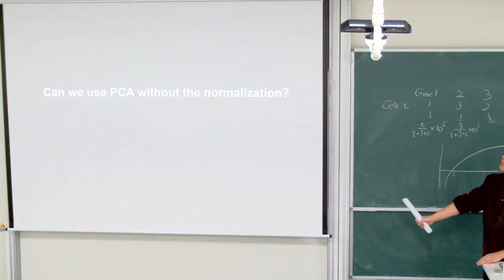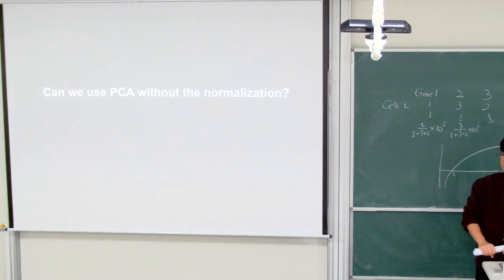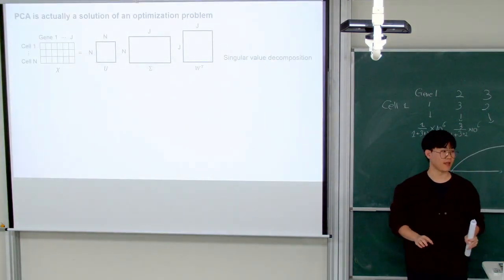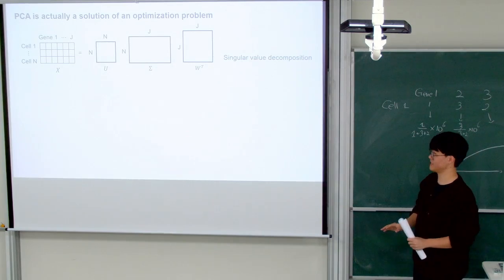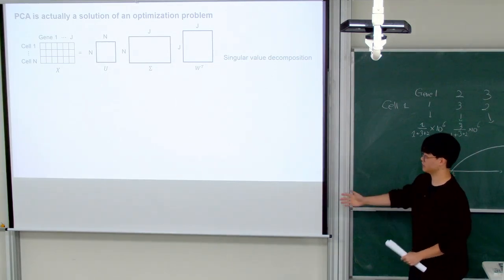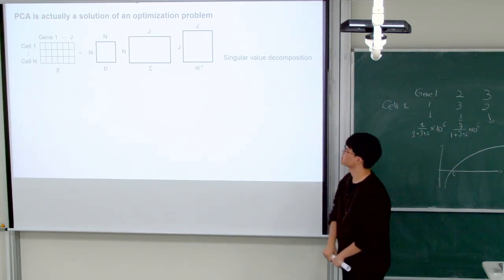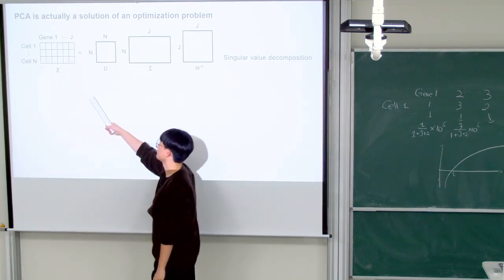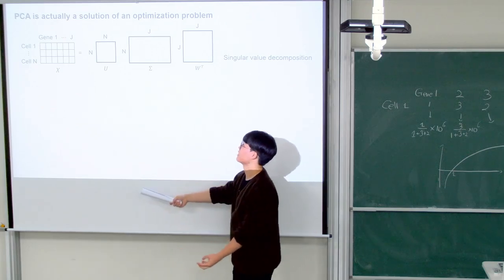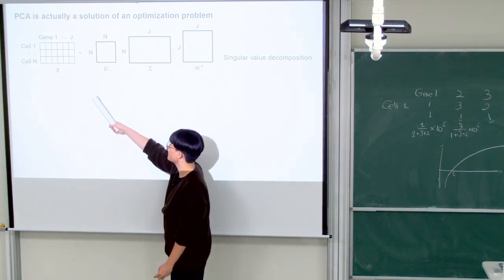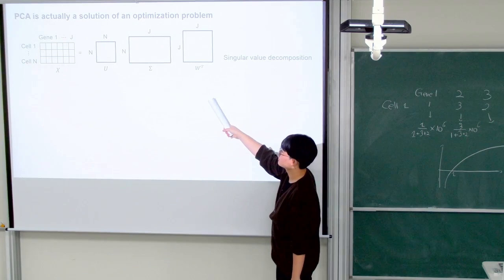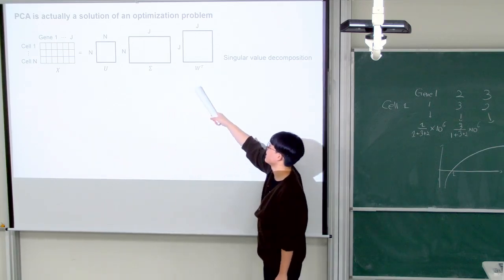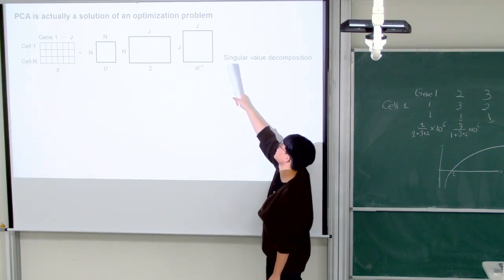So in order to use PCA without normalization, let us look at how PCA works. I guess many of you already know how PCA works, but I'll just explain. From the original data X, which is n by j, singular value decomposition decomposes this matrix into three matrices: U, which is n by n, sigma, which is n by j, and W transpose, which is j by j.